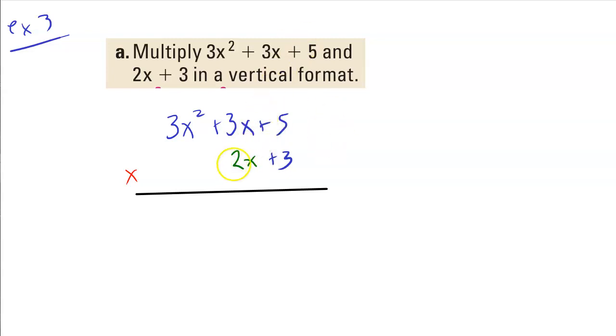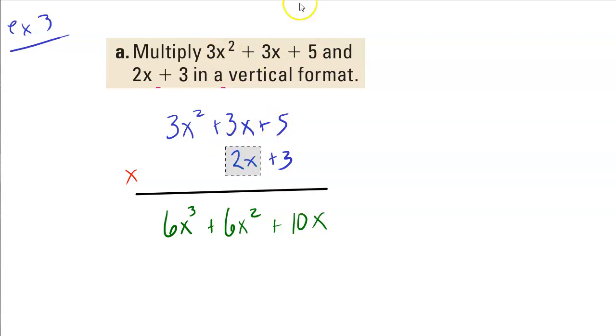So when I do that, I take 2x times 3x squared and get 6x cubed plus, and then I take 2x times 3x to get plus 6x squared, and then take 2x times 5 to get plus 10x.